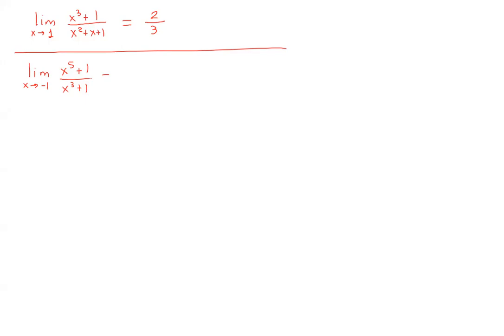So here, by applying synthetic division, we're going to show the synthetic division in a moment. We will get x plus 1 times x to the 4th minus x cubed plus x squared minus x plus 1 over x plus 1 times x squared minus x plus 1.